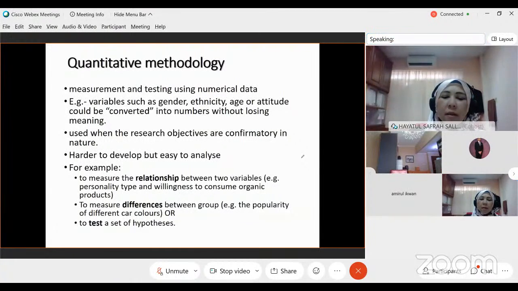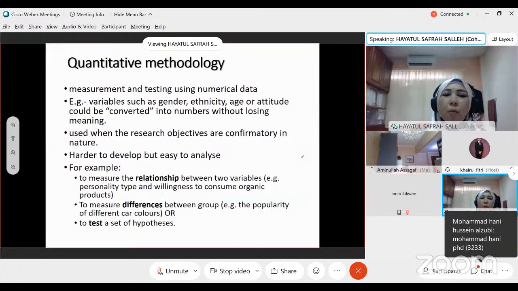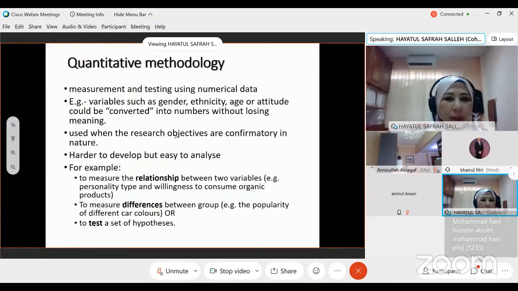One maybe is not agree, agree in the middle, and then agree, most agree, something like that. In our data, in our SPSS, we put numbers there. We don't put all those items, like attitude 1, attitude 2. No, we don't put that. We put numbers. We translate those into numbers, in order not to lose the meaning of it.